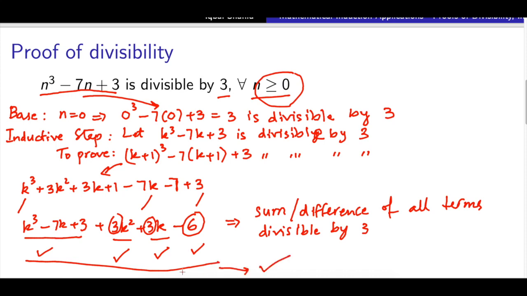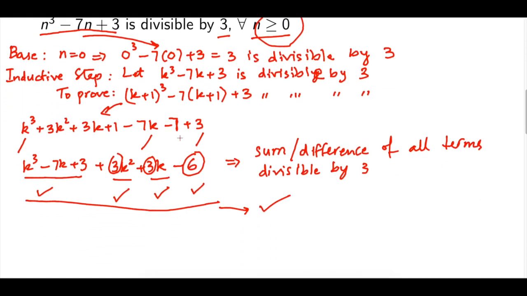All we did was open this expression, rearrange some terms, and use our inductive hypothesis to see that this is actually divisible by 3. So we have proved that n cubed minus 7n plus 3 for all non-negative integers is always divisible by 3.